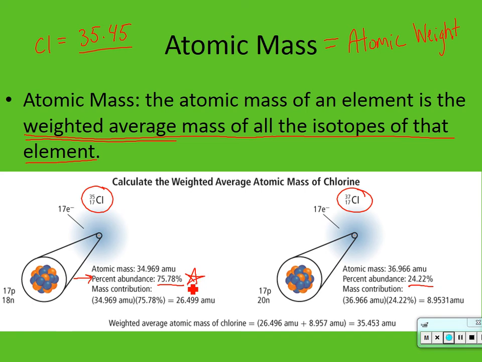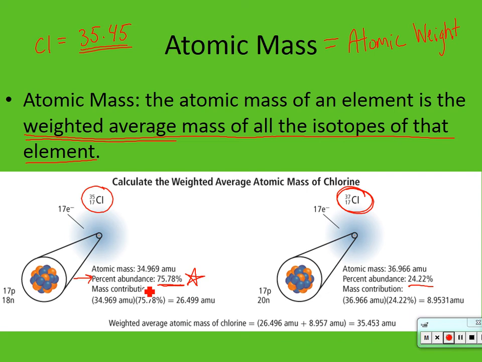Well, the chlorine 35 is going to factor into more of it because it has more percent abundance. It's a lot more prevalent. So why is this number right here 35.45 and not 37 like this one? Well, it's closer to 35 because there's just more of chlorine 35 than there is chlorine 37.